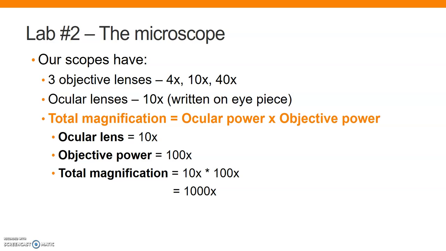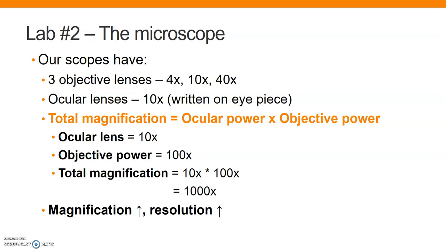So in our microscopes, we have a 4x times 10 at 40x, a 10x times 10 at 100x, and then a 40x times 10 at 400x. So you should be able to calculate this if we give you an example, right, of the ocular lenses and the objective lenses. So it's something to practice in your math.